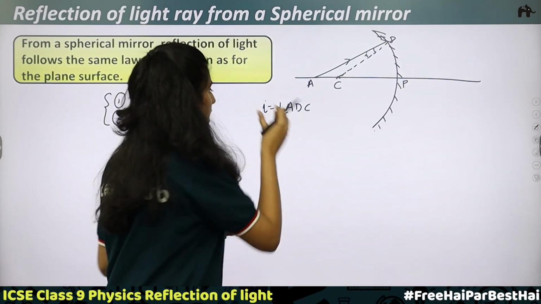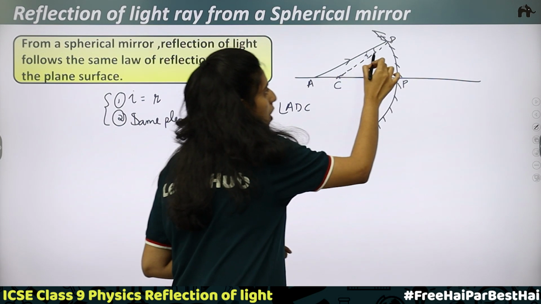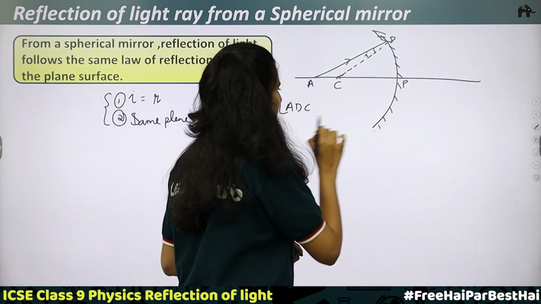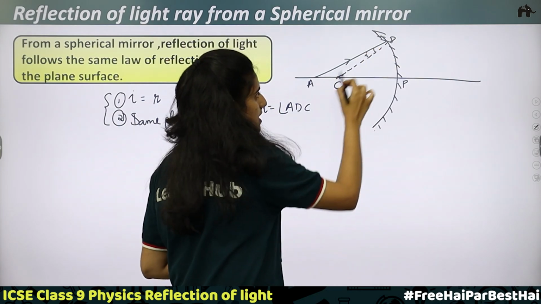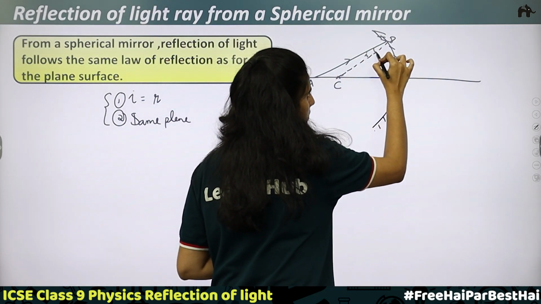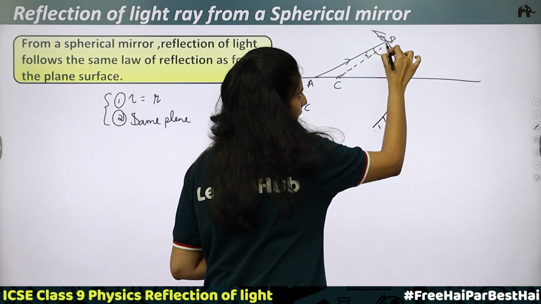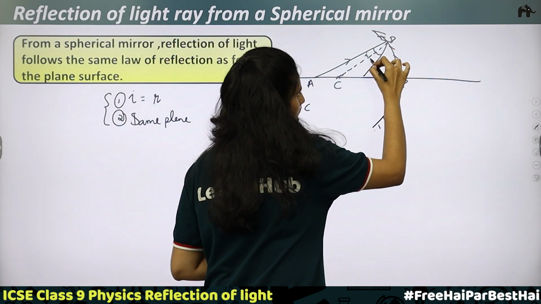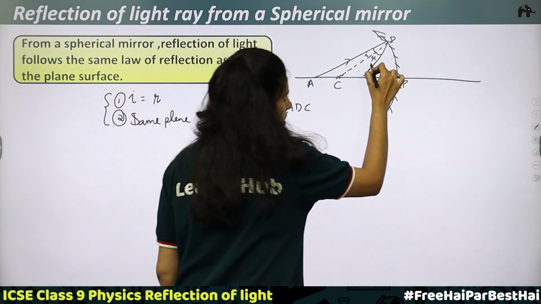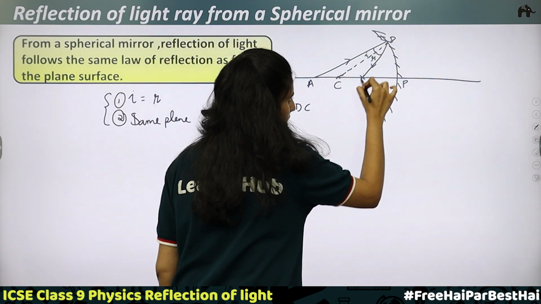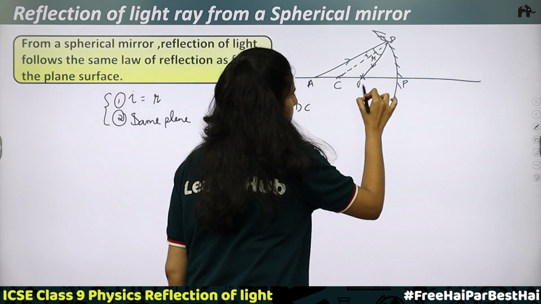Now, how can you draw the reflected ray? We know that the angle of incidence and the angle of reflection are the same. From the normal, you measure an angle equal to i, which is equal to ADC. So when you measure, you get this much, which is equal to i. So we got r, the angle of reflection, and we have drawn a ray. It will strike this point, so this is your reflected ray.